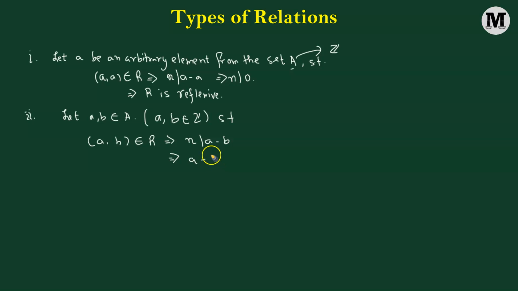In other words, we can say that a minus b is a multiple of the fixed integer n.